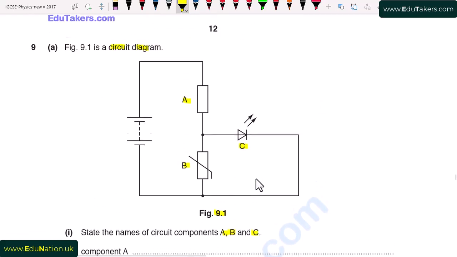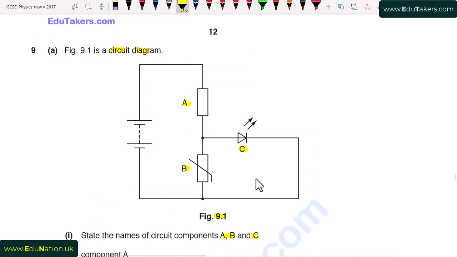Going back to the figure, we can see here that A is the symbol for a resistor. I write here, it's a resistor. B is for thermistor. And C is for LED, that is light emitting diode, because we can see here the arrow shows that light is emitting here. So it is basically an LED.